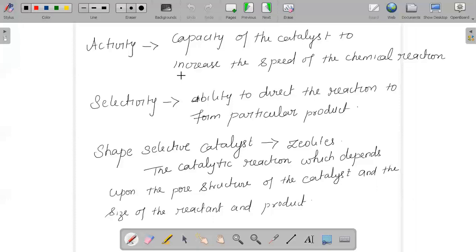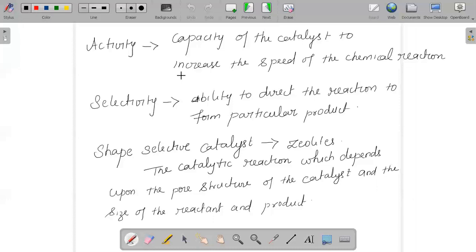That will give you an intermediate product, and after that, desorption of the product molecule from the surface because of its lack of affinity to the catalyst surface, and then diffusion of the product molecule away from the surface of the catalyst.